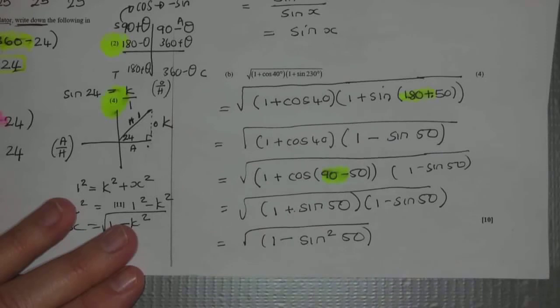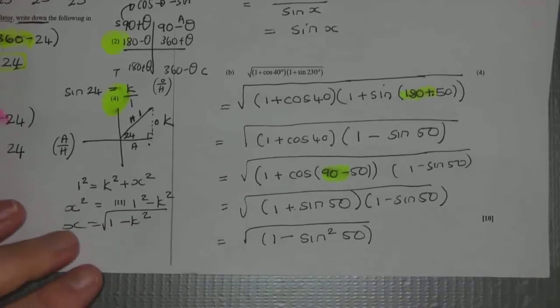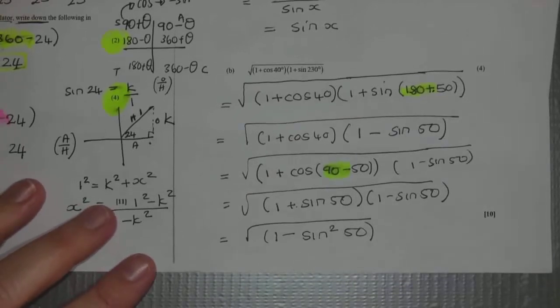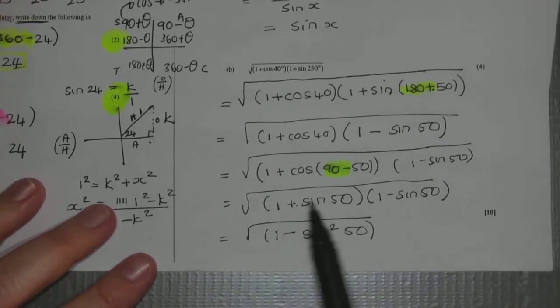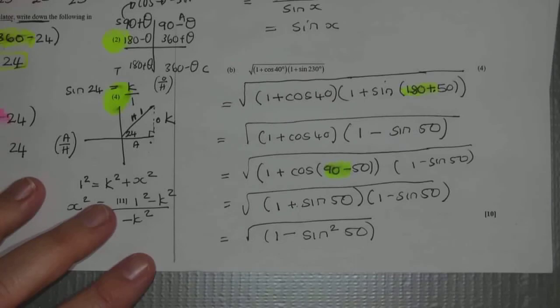You agree with me? 1 times 1. Yes, no, maybe, yes. And that over there, well, with the square, because 1 times 1, there we go. Difference between squares, a plus times a minus, sine times sine is sine squared. Okay, and that is my answer.